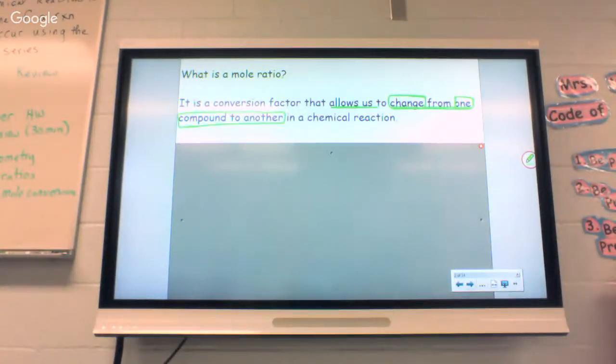All of it. Which means you lose massive points if you don't have a mole ratio. So when you're working your problem, before you turn it in to me, you need to make sure there's a mole ratio. If there's not a mole ratio, you should know that something's wrong. Every problem has to have a mole ratio. That's the basis for which we do these questions. Without it, you didn't change compounds.